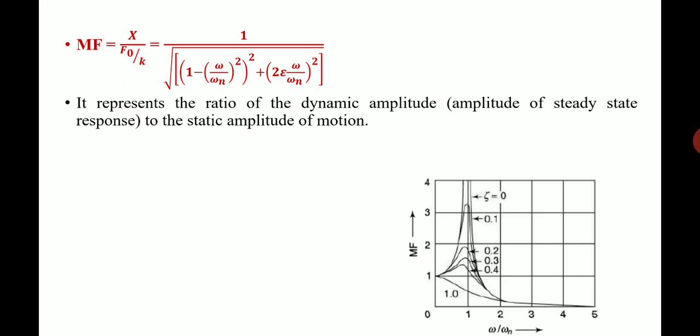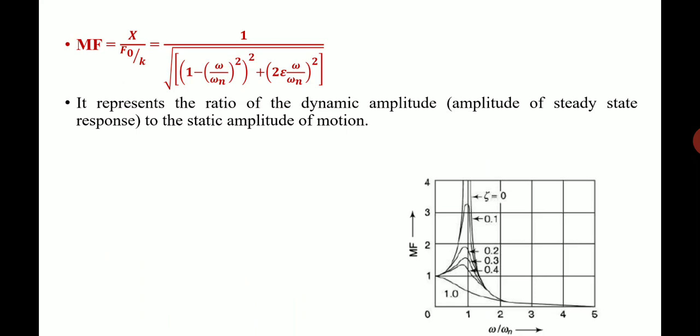That is, the ratio of the steady state amplitude to the static amplitude is very high, which means that the amplitude of steady state vibration, capital X, will be extremely high when there is no damping at all.